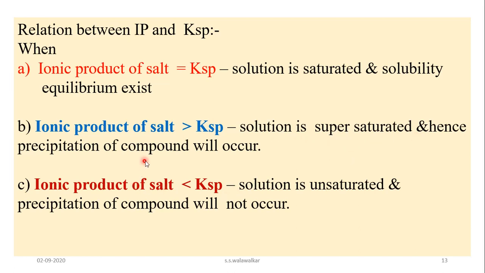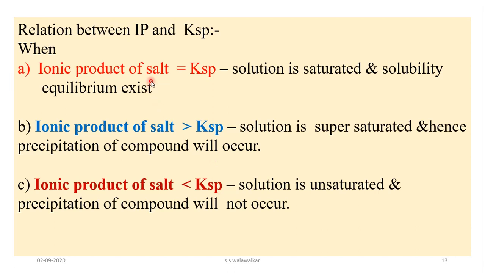Hence, the precipitation of compound will occur. And when ionic product of the salt is less than solubility product, then the solution is unsaturated and precipitation of the compound will not occur. These are the conditions for precipitation.